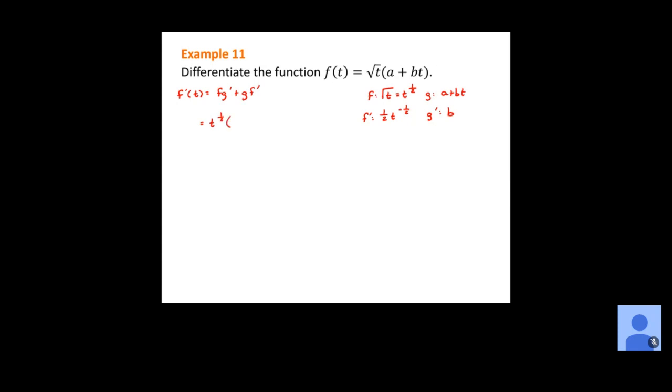We got t to the 1/2 times g prime, which is just b, plus, then we have our g function, a plus bt, times f prime, 1/2 t to the negative 1/2.